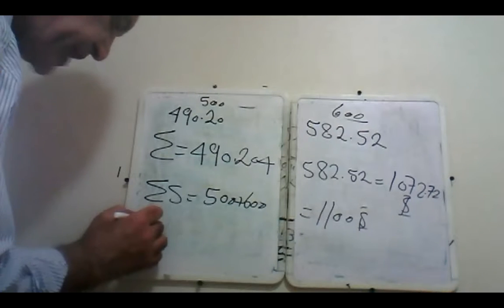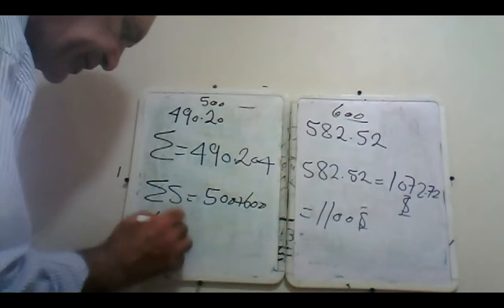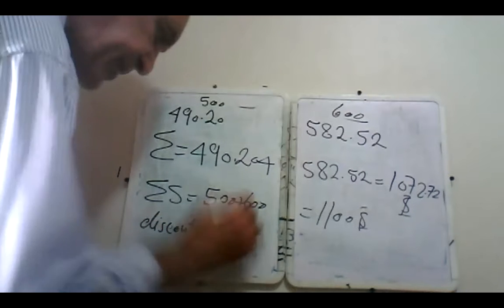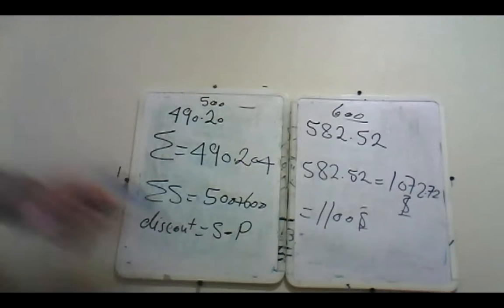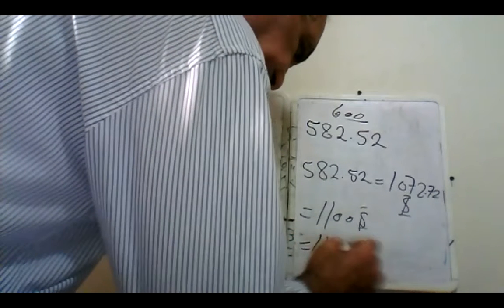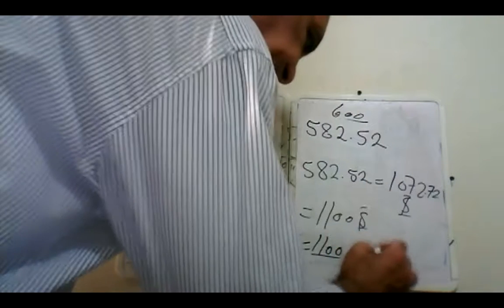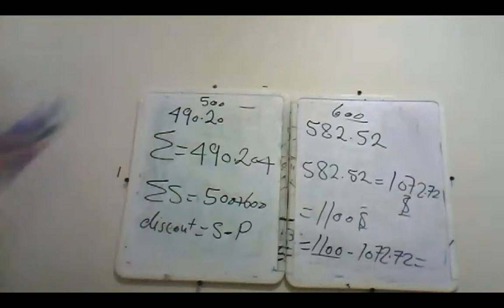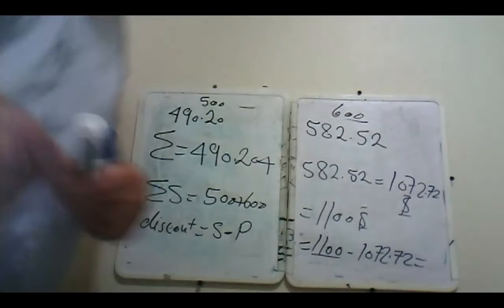The total discount will be the future value minus the present value. The future is S and the present is P. Then it will equal $1,100, which is the future value, minus 1072.72.